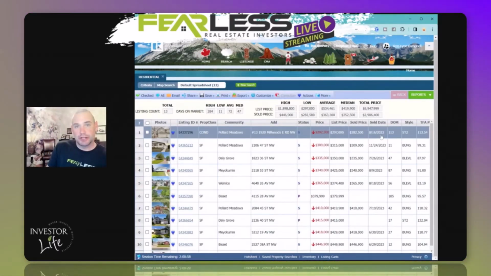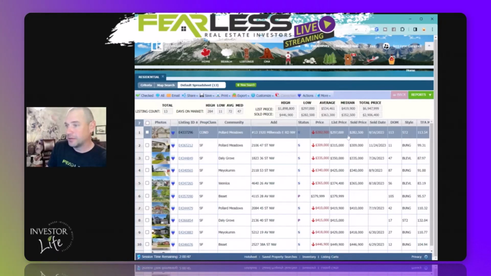What's the cheapest one that's sold, guys, in this particular neighborhood in Edmonton? Well, the cheapest one that sold was for $282,500. That's pretty darn cheap, isn't it? This is a condo. Do you notice it says condo? So that would mean it would have condo fees associated with it.